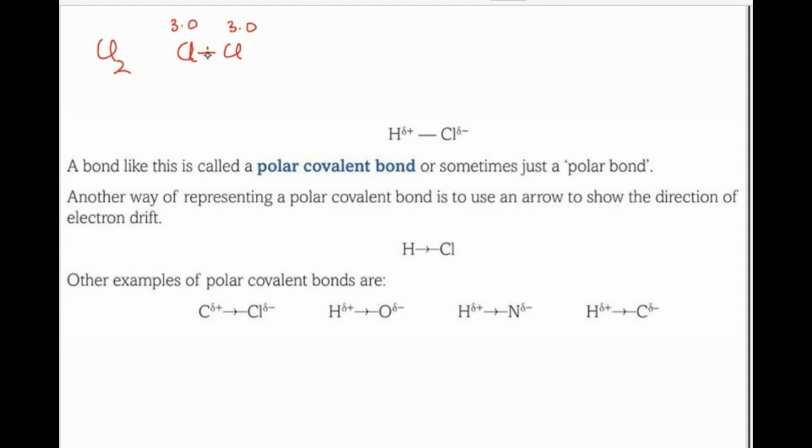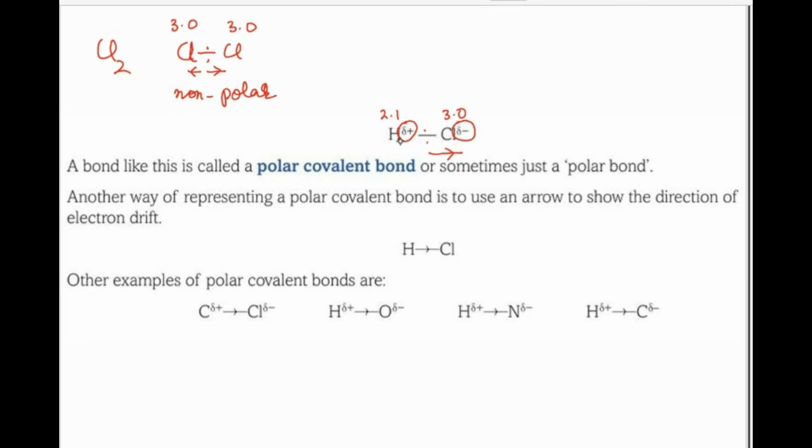So the shared pair of electrons is equally pulled by both, and such molecules are said to be non-polar. But if we have hydrogen and chlorine, hydrogen is 2.1 and chlorine is 3.0. So chlorine, being more electronegative, pulls the electrons toward itself, so chlorine will be partially negative and hydrogen will be partially positive.